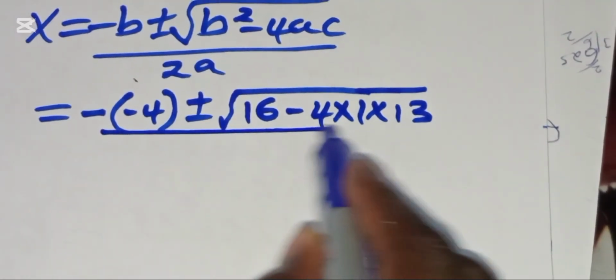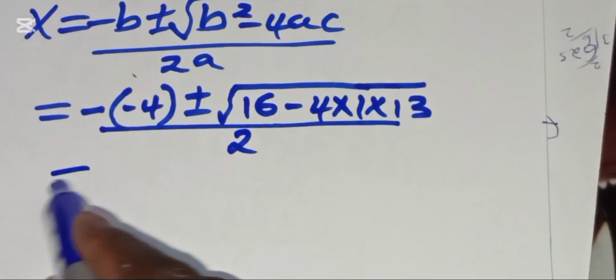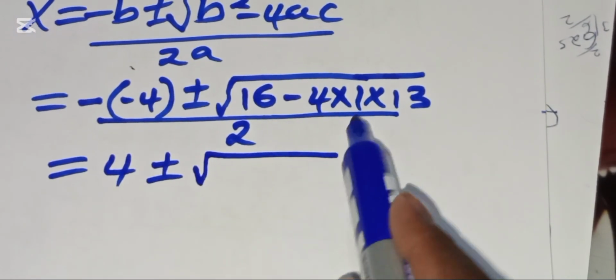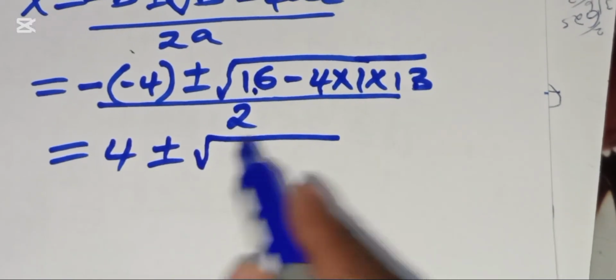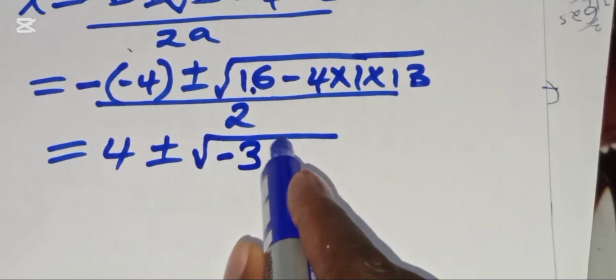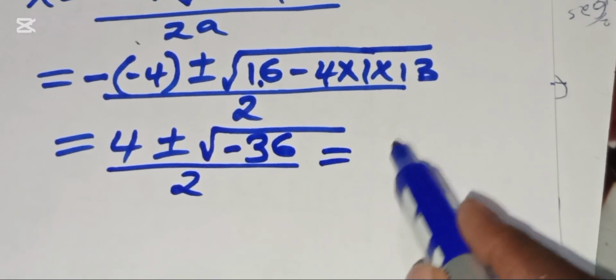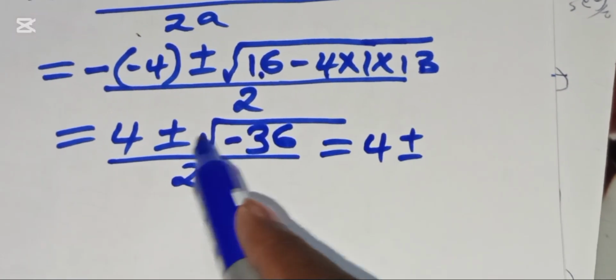Divide everything by 2 times 1, which is 2. Now we have 4 plus or minus the square root of 16 minus 4 times 13, which is 52, so 16 minus 52 is negative 36, divided by 2.